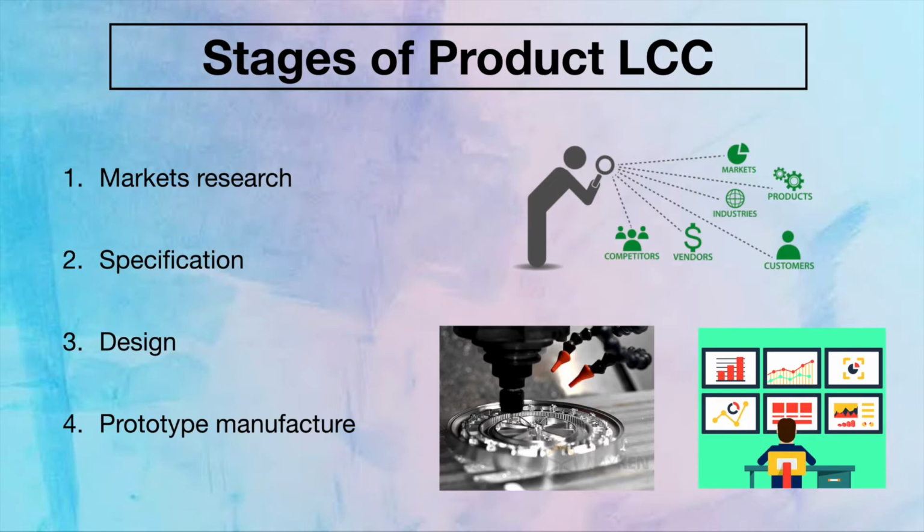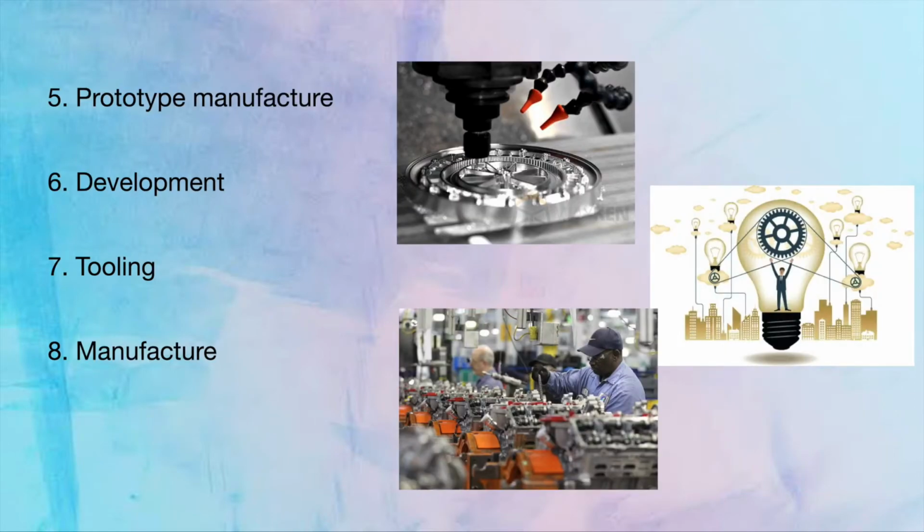So thus far you have researched, you understood what, where and how to manufacture, and in the 4th stage you have manufactured it, and you will observe and see if there is anything else that can be developed in this particular product.